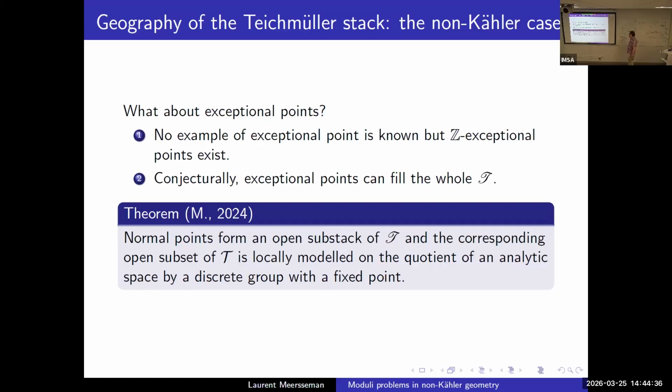And when you look at the corresponding open subset of T, it's not locally modeled on the quotient analytic space by the action of a finite group, but here by the action of a discrete group. That's not a big surprise. You lose the finiteness because you lose the compactness result.